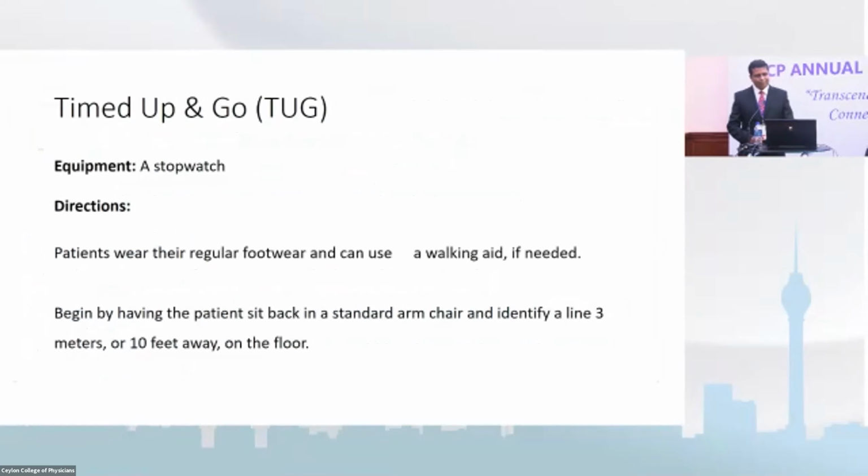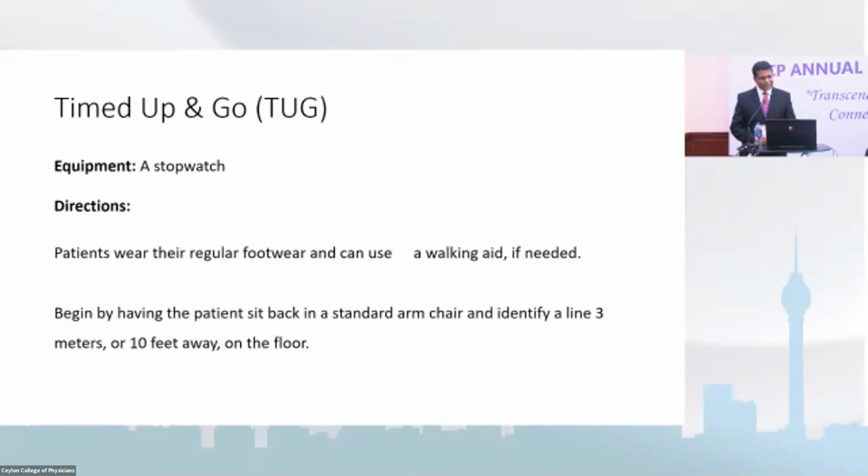So the timed up and go test, and you use a stopwatch. Keep the chair close to the wall, and the patient can wear her regular footwear and use her regular walking aid.